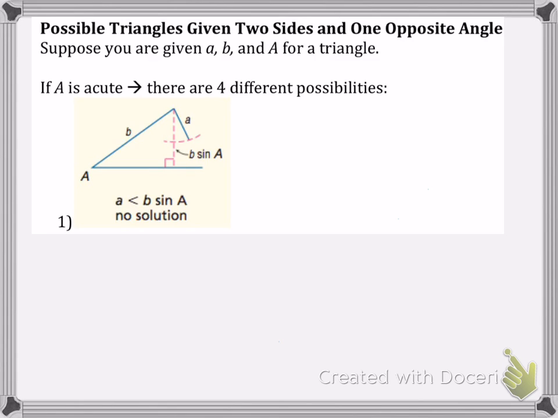So, suppose I'm given two sides and an angle for a triangle. If my angle is acute, there are four different possibilities that could happen. In all of the possibilities, I'm going to find my height to be b times the sine of my angle. So it's the side not across from the angle times the sine of the angle.